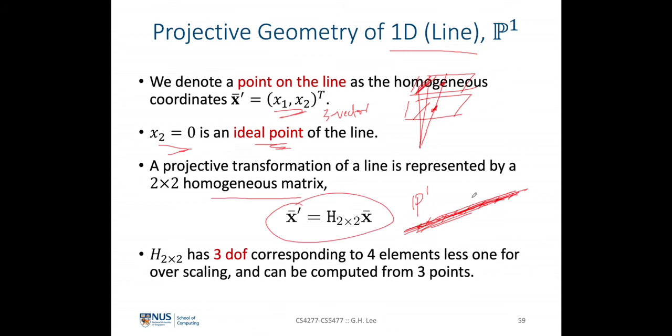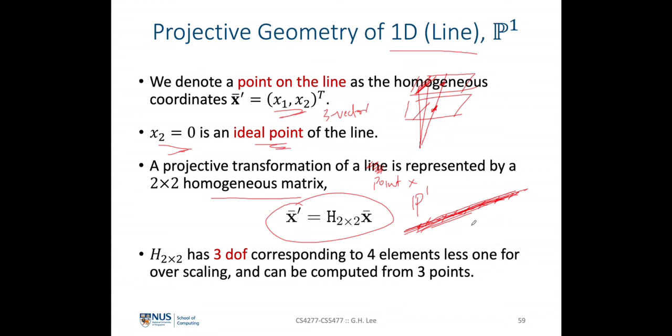And similar to the 2D case, a projective transformation of a point x is represented by a 2x2 homogeneous matrix over here, where we denote it as x bar multiplied by this, and it will transform it into x prime.